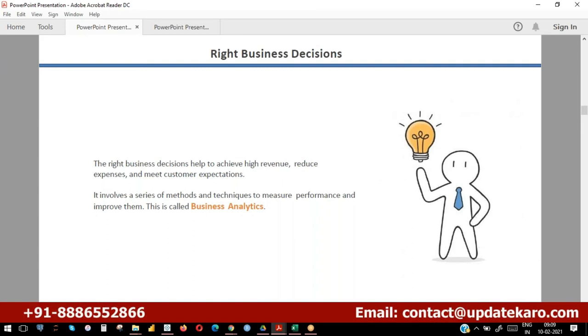If you are not achieving these three things, then you can straight away say that it is not a right business decision. So it involves a series of methods and techniques to measure, perform, and improve them. This is called business analytics.